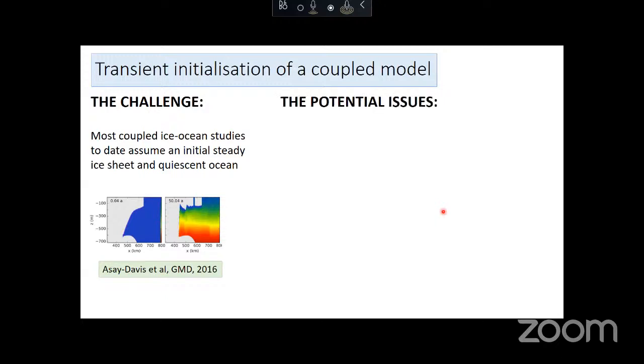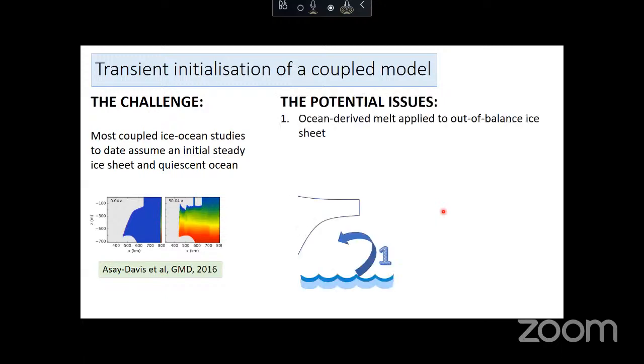The potential issue here is that if an ice sheet model immediately has to respond to an ocean model that's melting it, but it's not been initialized in the right way, it might still be adjusting in response to that initialization. That might be the bigger factor that's controlling it.